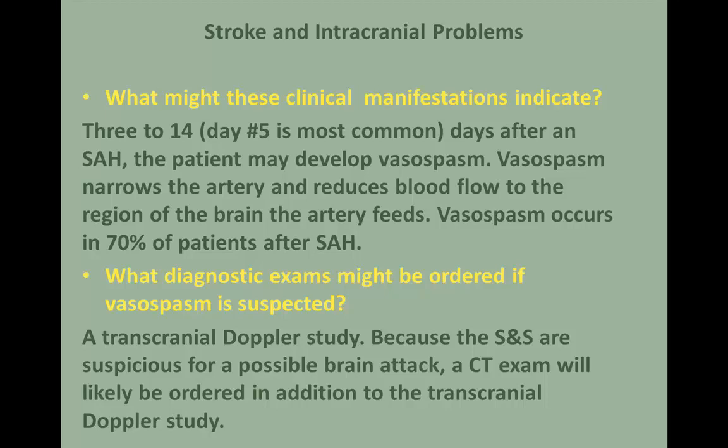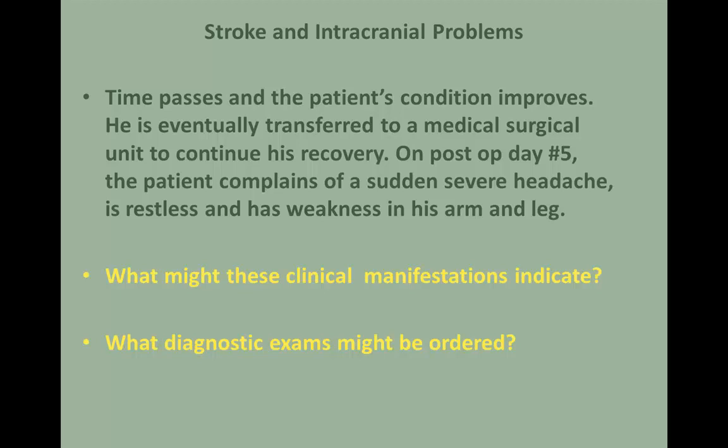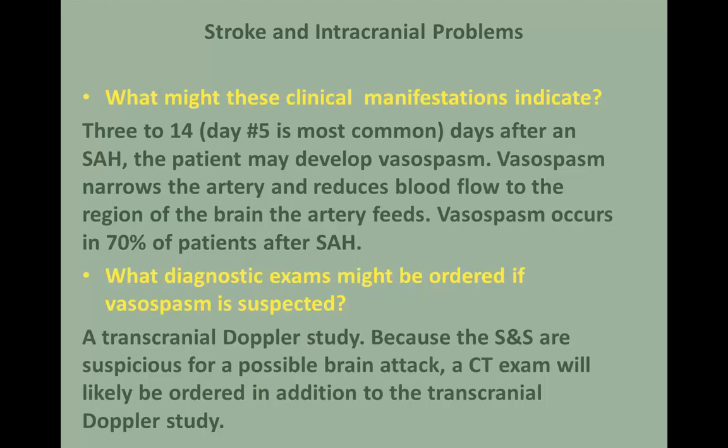At the 3 to 14 day mark, with day 5 as the most common, vasospasm occurs. With that, the artery is severely narrowed, which reduces the blood flow to the brain. If you said to me, wait a minute, his signs and symptoms seem like the patient's having a stroke, that's what it looks like.